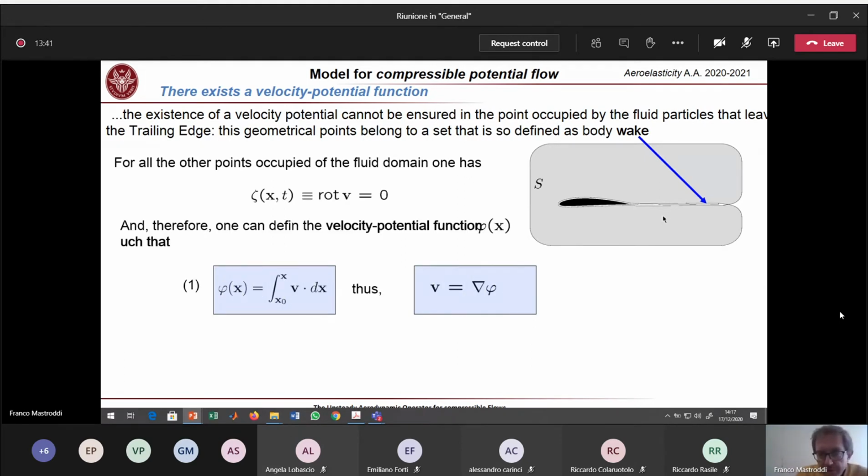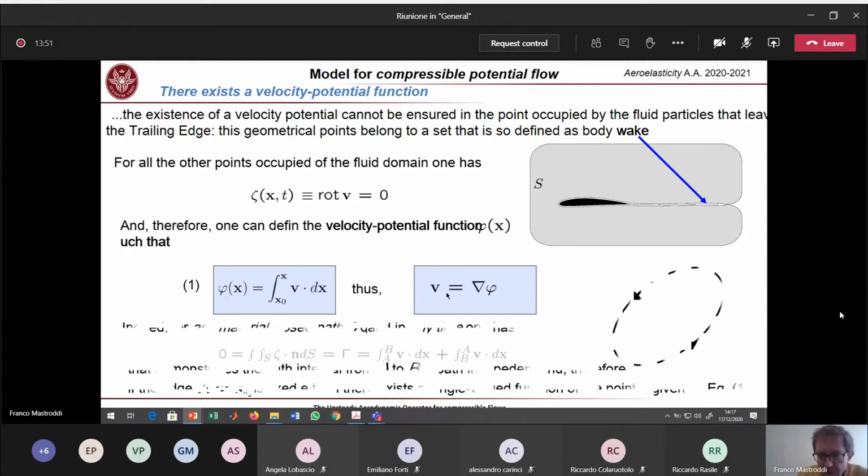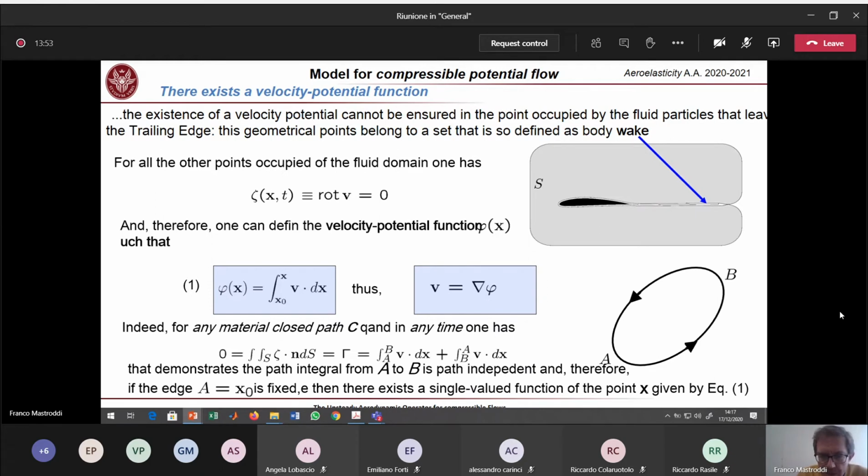So we have a potential flow at any time, and we can define a velocity potential such that the gradient of this quantity is equal to the velocity at any point, excluding the wake discontinuity.